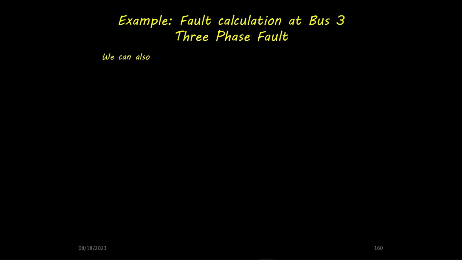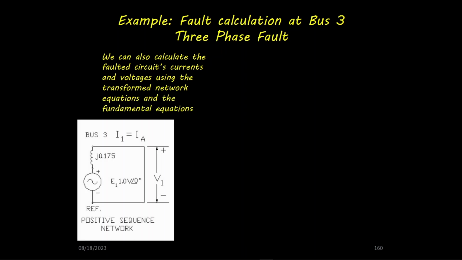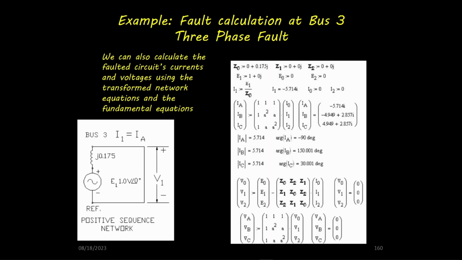We can also calculate the faulted circuit's currents and voltages using the transformed network equations and the fundamental equations. Calculating the sequence currents, the positive sequence current is E1 divided by Z0. The zero and negative sequence currents are zero in a balanced three-phase fault.